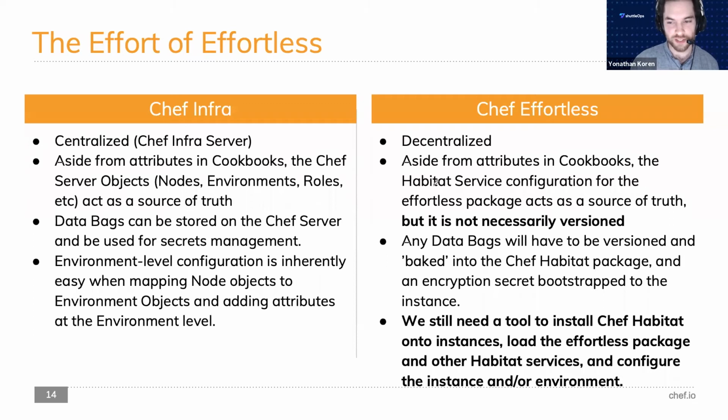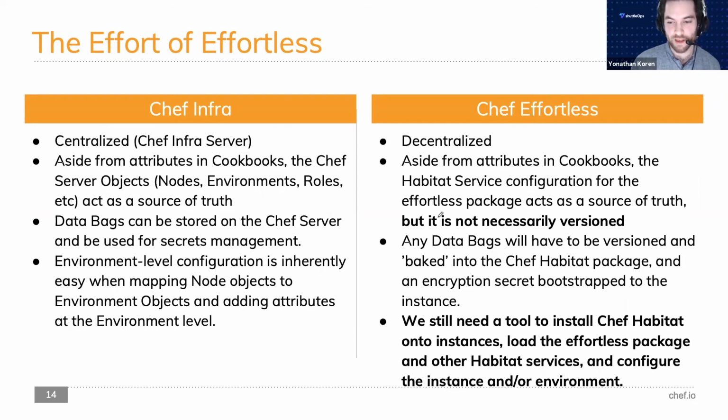But Chef Effortless doesn't have that. You are baking in a policy file that can potentially tell you some things about the run of the Chef Effortless package, and you can have the default attributes in the cookbooks.